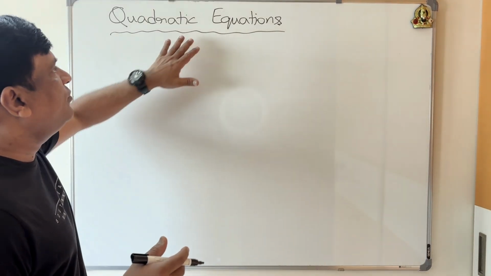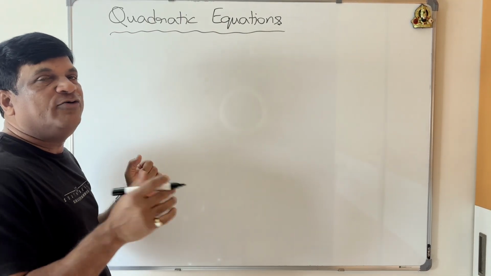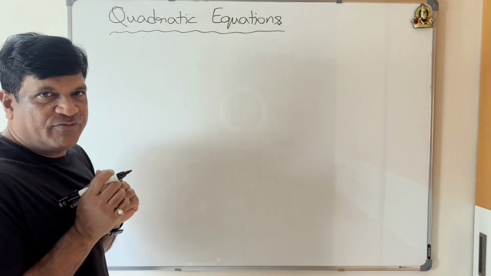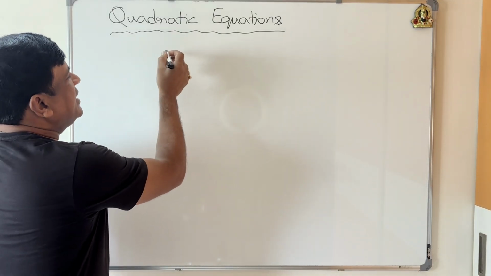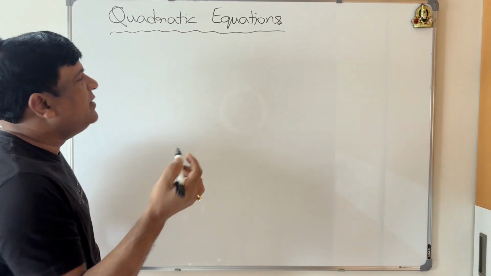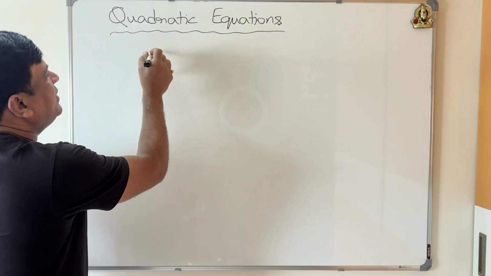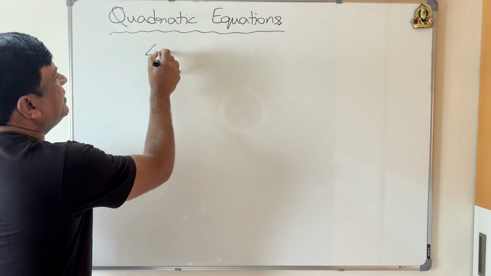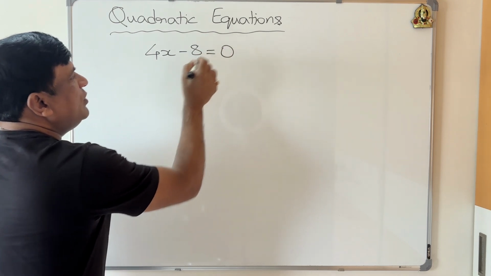Before this, if you have reached quadratic equations, you might have learned about linear equations. Linear equations are basically equations in one variable, where there will be only one solution. For example, I can write a linear equation like this: 4x minus 8 equal to 0.